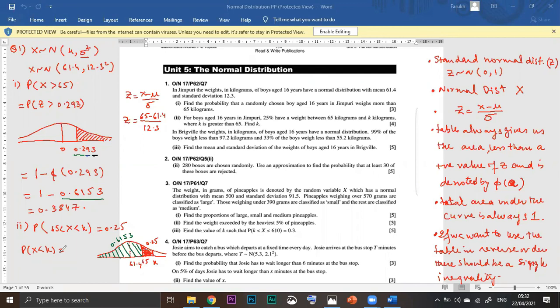The probability between 65 and k is 0.25. The probability less than 65 is 0.6153. What is the probability when x is less than k, Mila? Please rethink and tell me the answer.